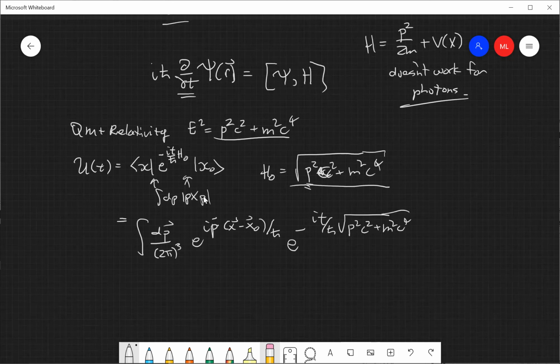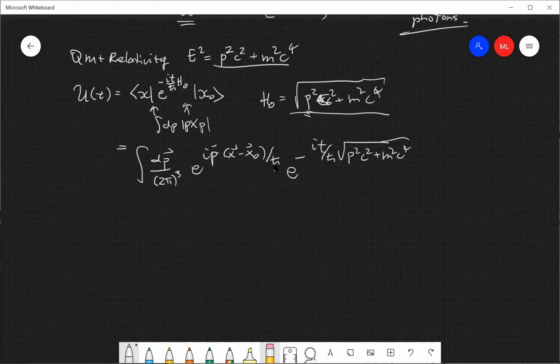And what you find is you can use the stationary phase approximation, which we've done. You look at the limit where h bar is small, so that these exponentials oscillate very quickly. Then you look for the places where the exponent is slowly varying. So you differentiate the exponent with respect to p, find the place where the first derivative vanishes, and stick that in.